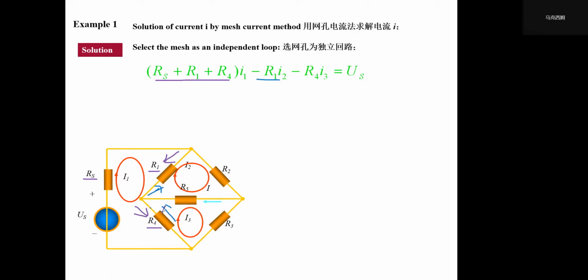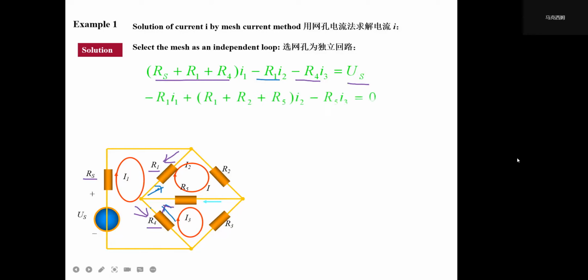So I1 and I3 are in opposite directions, and we give a negative sign before their common resistance R4. And we see that since the current runs out of the positive pole of the voltage source US, we give it a positive sign.